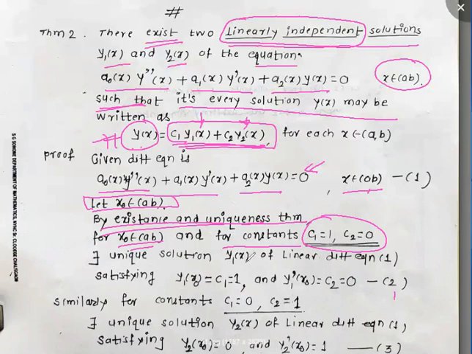For any two constants, there exists a unique solution y1(x). So for these two constants, where c1 is 1 and c2 is 0, there exists a unique solution y1(x) of the linear differential equation satisfying y1(x0) equal to c1, that is, the value of this solution at x0 is c1, and the value of the derivative of the solution at the same point x0 is c2. y1(x0) means the value of the solution at x0, and y1 dash(x0) means the value of the derivative of that solution at the same point x0.